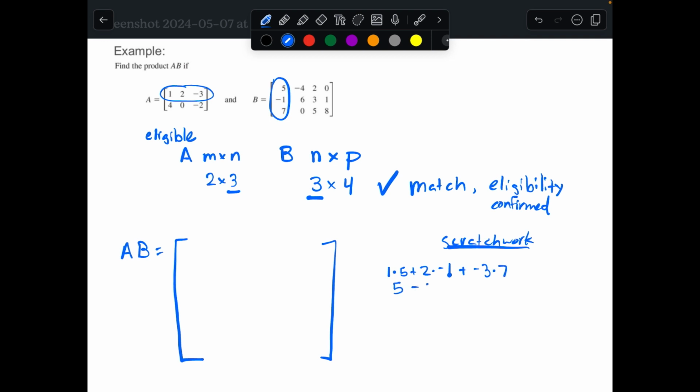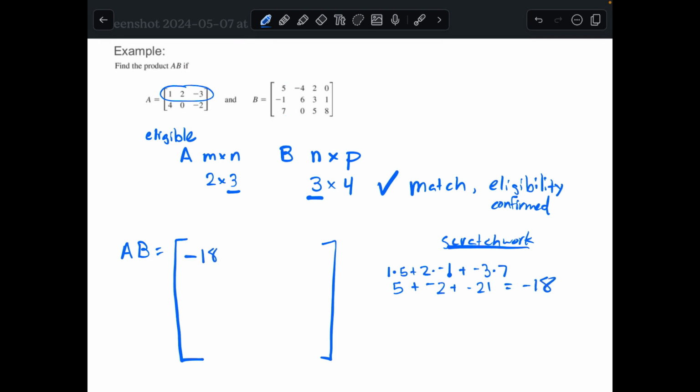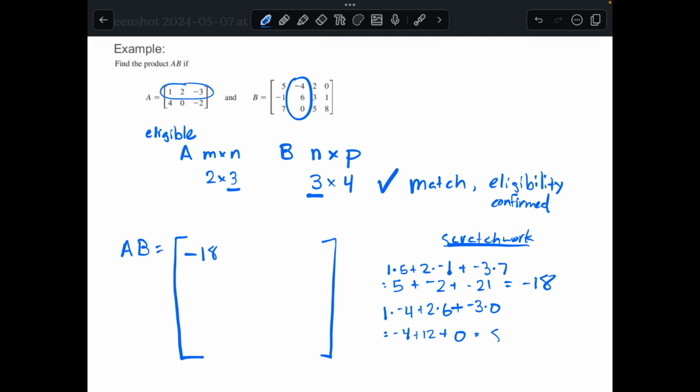5, -2, -21, -18. I move now to the second element in the AB product matrix by doing the first row of A times the second column of B. And the process continues.